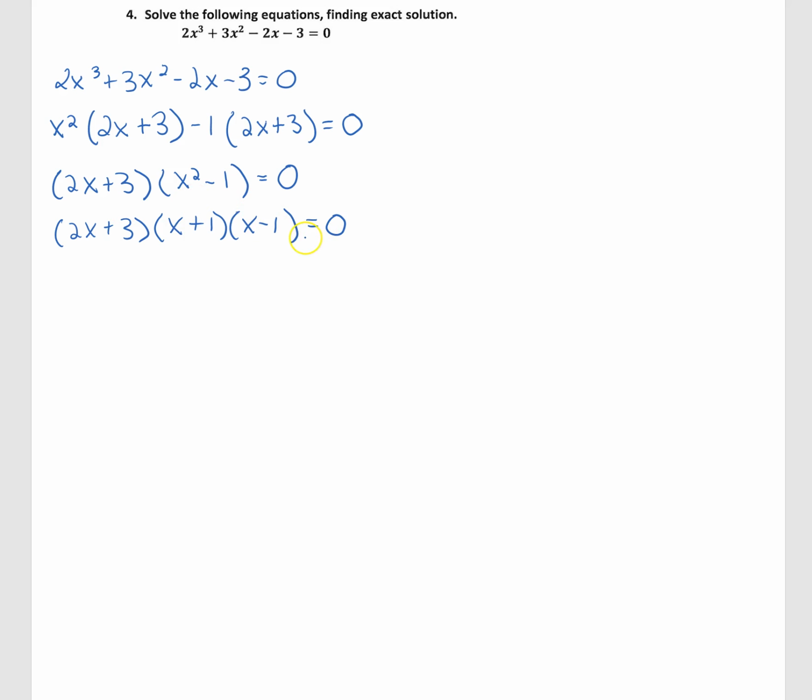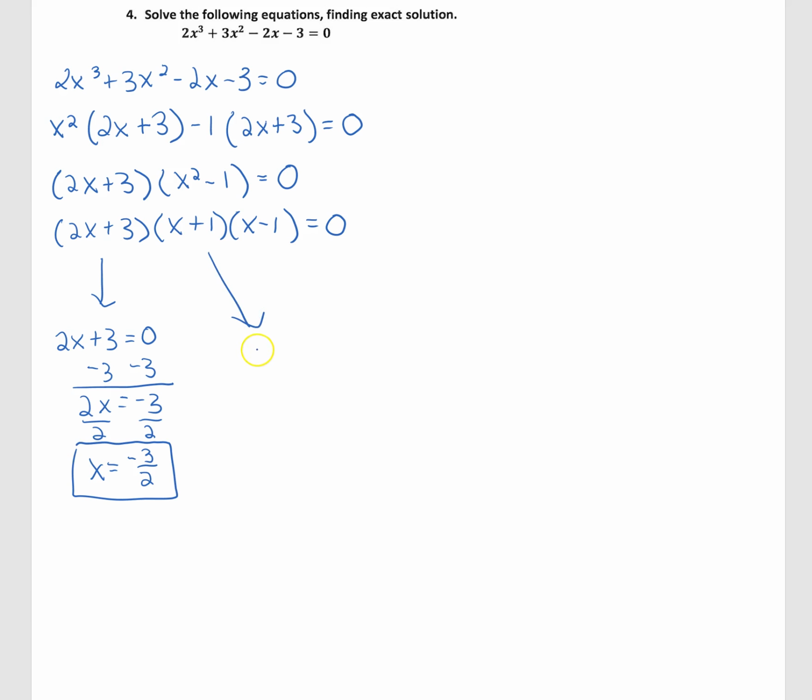So to make this side equal to 0, any one of these terms can be equal to 0. If we take this first term and say 2x plus 3 is equal to 0, subtract 3 on both sides, we're left with 2x equals -3, divided by 2 gives us x is equal to -3 over 2. And so if x is equal to -3 over 2, that makes this equal to 0, and that's a possible solution for x.